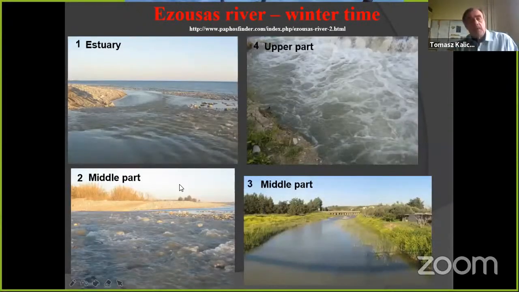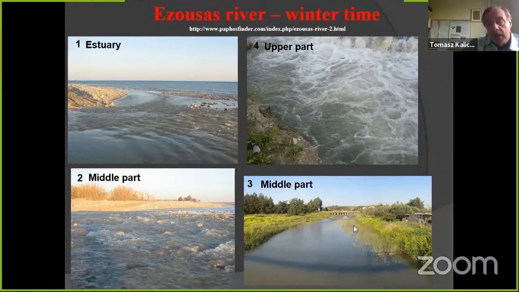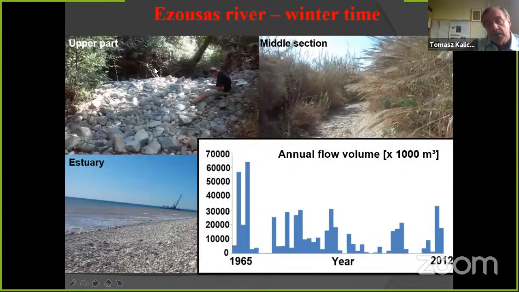And some words about the river. In winter we have flowing river in the upper and middle part, but during the summertime we have only dry river beds. And looking at the hydrology, there are some years when there is no discharge in this river.